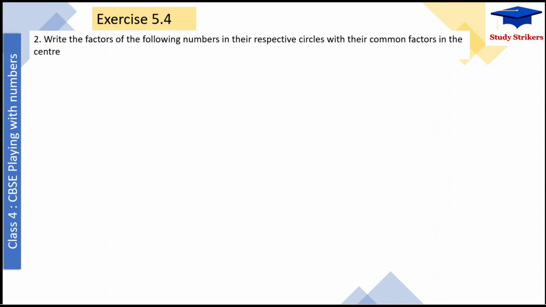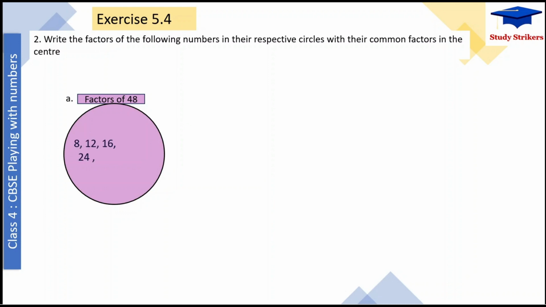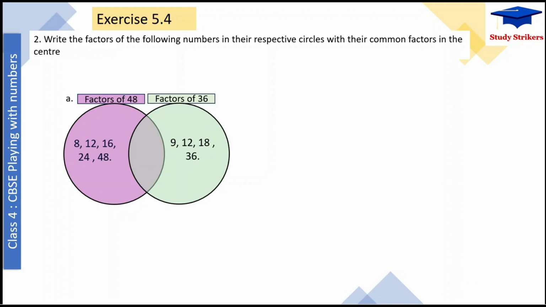In the next problem, we have to again write the common factors in the circles. So factors of 48 are 1, 2, 3, 4, 6, 8, 12, 16, 24, 48. Factors of 36 are 1, 2, 3, 4, 6, 9, 12, 18, 36.